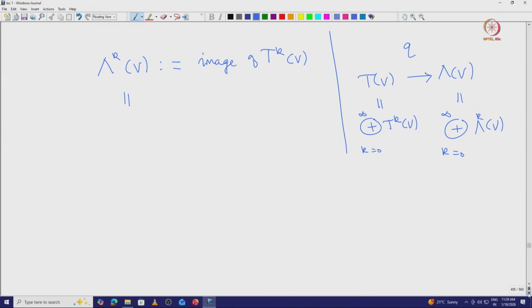So, now it is easy to see that this is going to be spanned by these wedge products yi1 wedge etc. wedge yik, where i1 etc. ik you can arrange in increasing order.